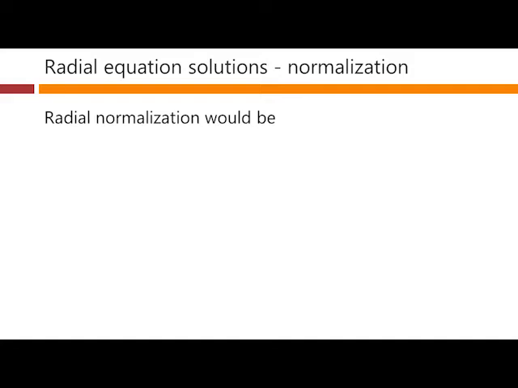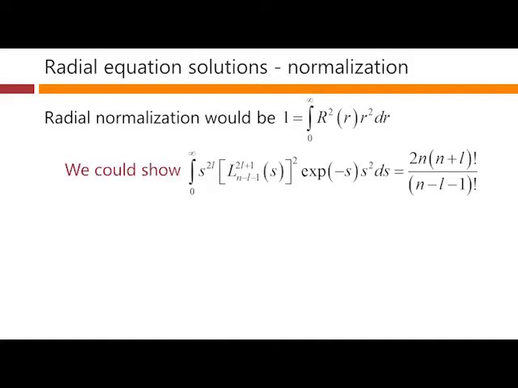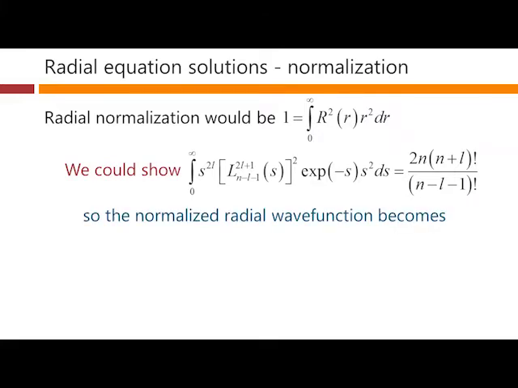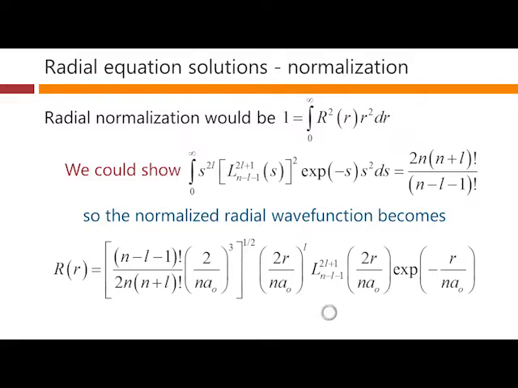And the integral that we would be left with would be this one here. We could show, with a little bit of effort, but just relatively standard mathematics, that the integral of everything inside this expression would just come to these factorials on the right-hand side. So the normalized radial wave function would become this expression.